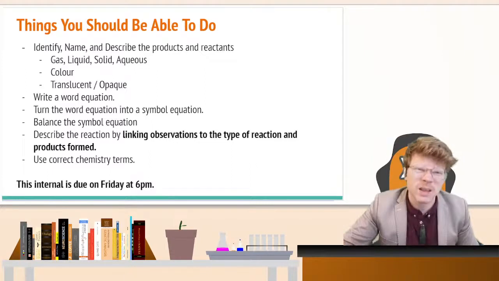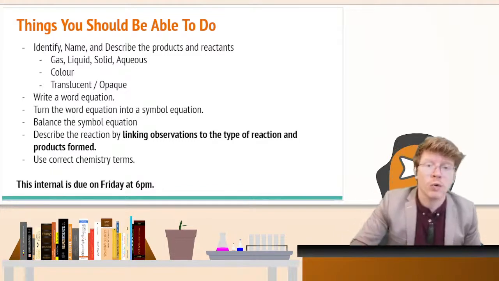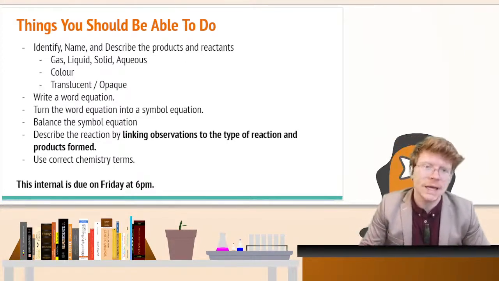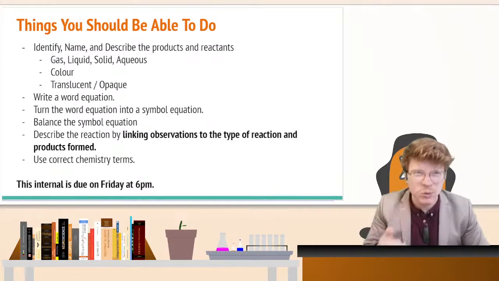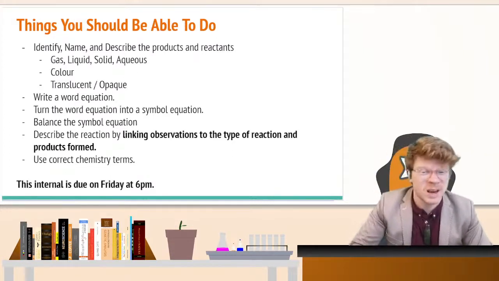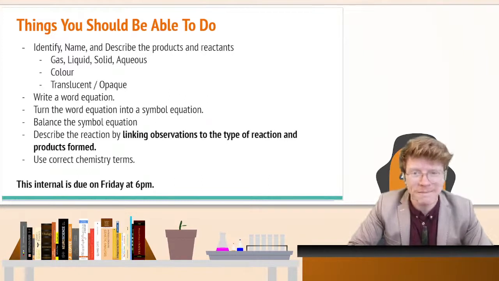Well, magnesium's got this kind of silvery color to it. If it's a solution or if it's a liquid, is it translucent or is it cloudy, right? Translucent means lets light through, right? The reason why you say that is because often when you form a precipitate, the precipitate can be quite small, so that makes the solution look cloudy.